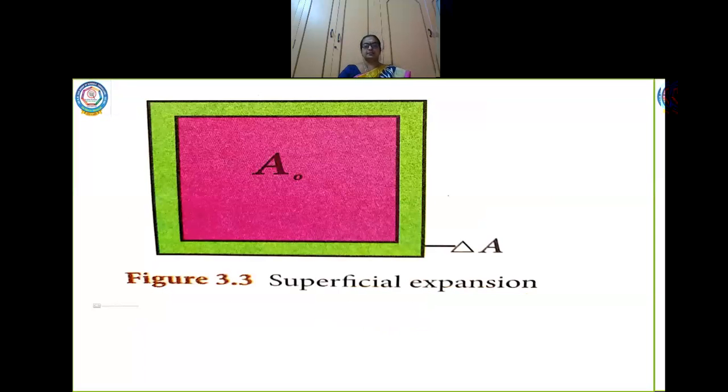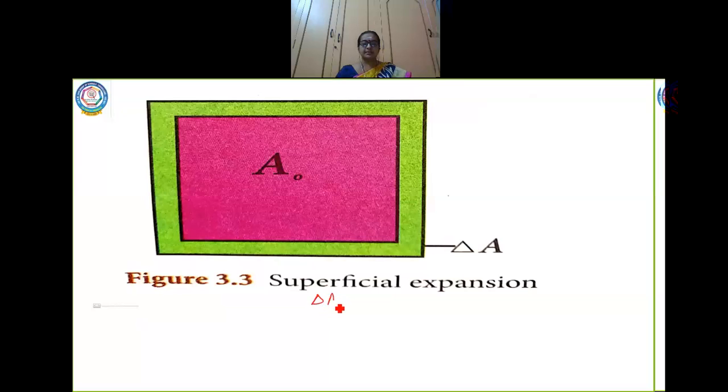Look at this diagram. Now a body whose area is initially A naught. Now when you give heat energy to this body, there will be a slight increase in the area of the body, del A. So del A is increase in area. A naught is original area. Okay. So when heat energy is given, the area is changed. So how is it changed?